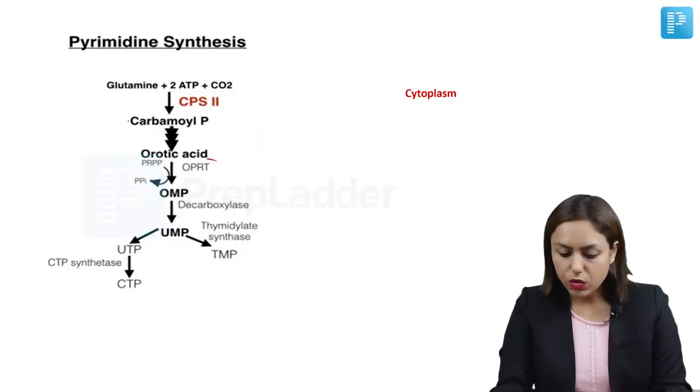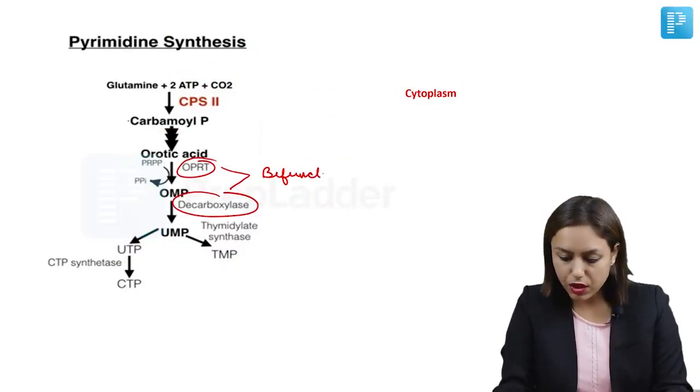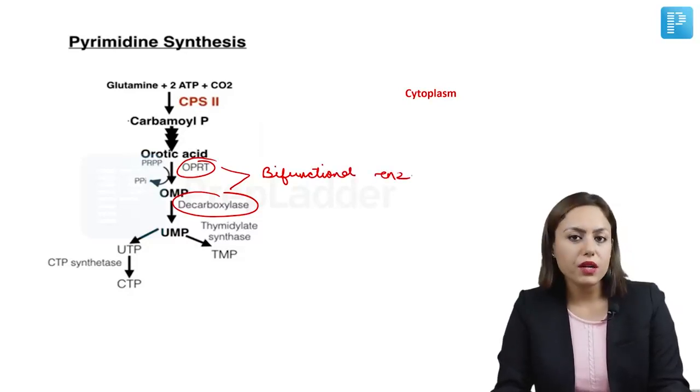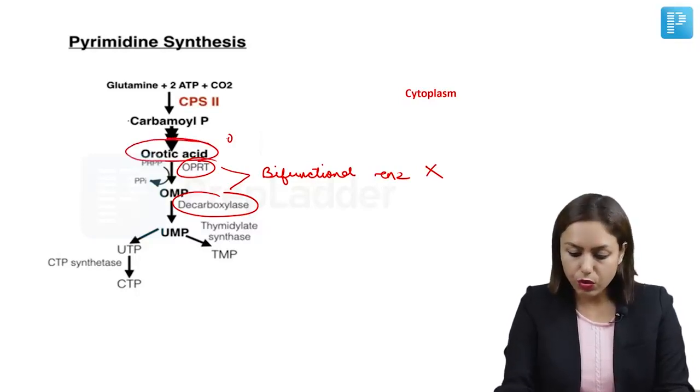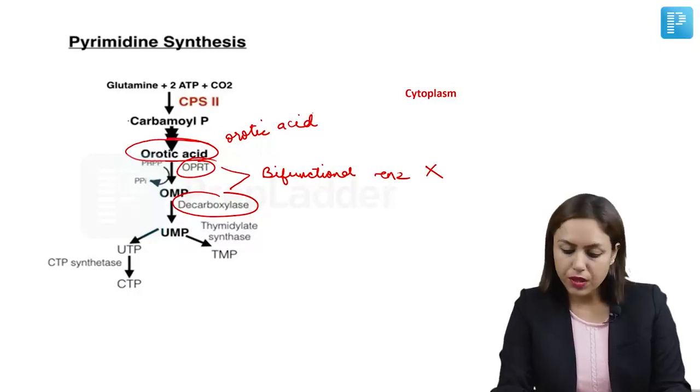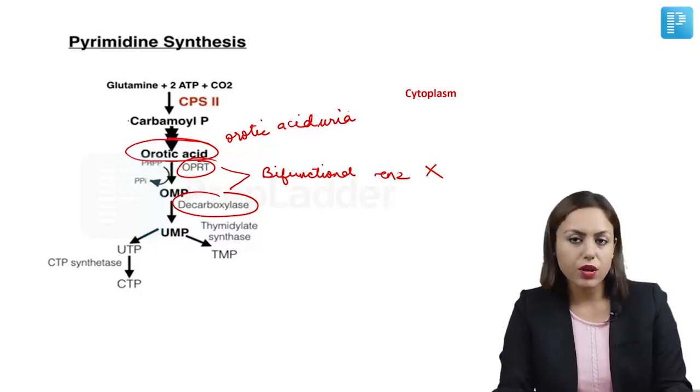Now see here, OPRT and decarboxylase, they are bifunctional enzymes, means both these enzymatic activities are present on a single enzyme or single protein. When this enzyme is affected, then the patient will be having orotic acid increased, that will be coming in urine, orotic aciduria, right?